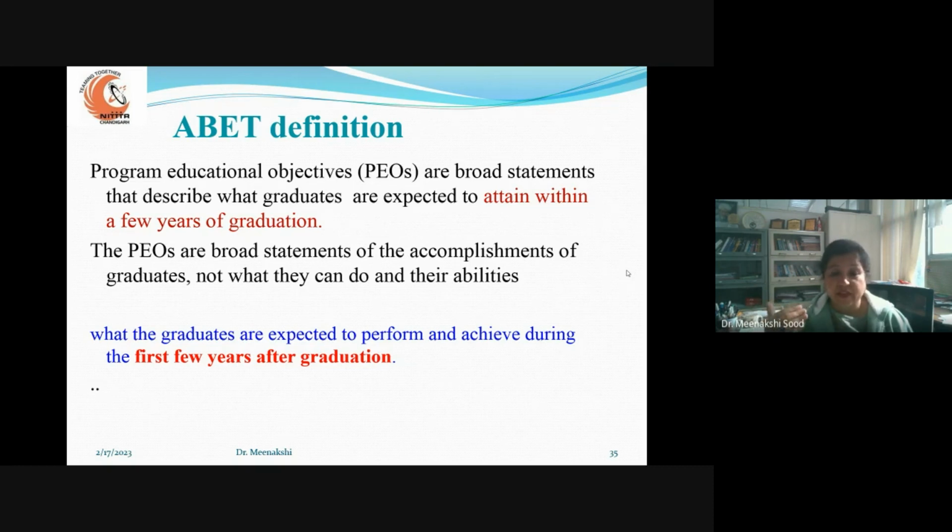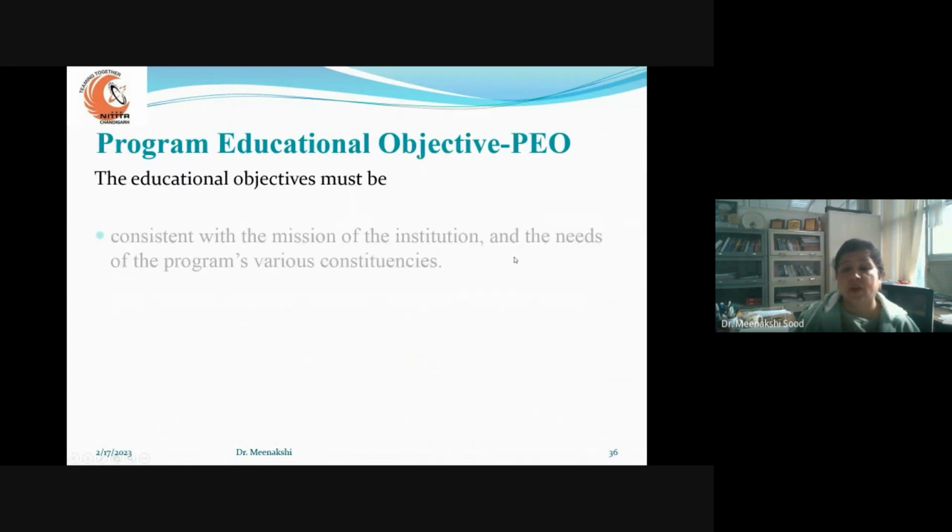We have to see everything. Those attainments after completing graduation are called the program educational objectives.